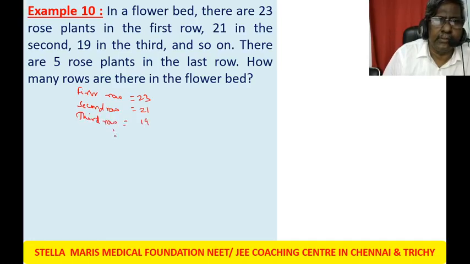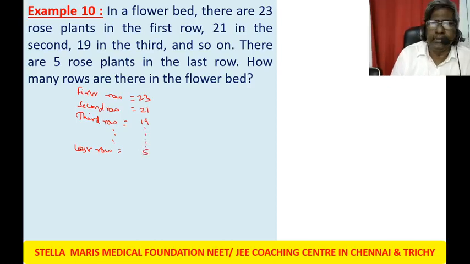Likewise it goes on. The last row is 5, but they do not know what the last row number is.